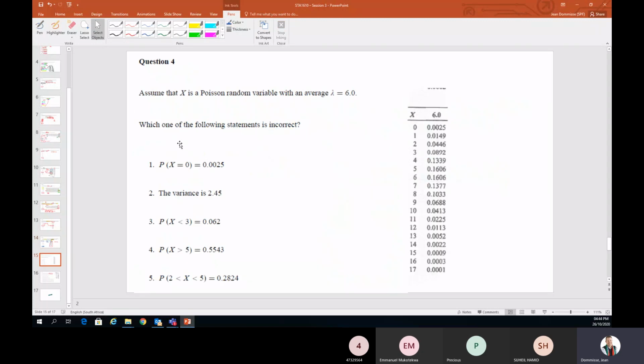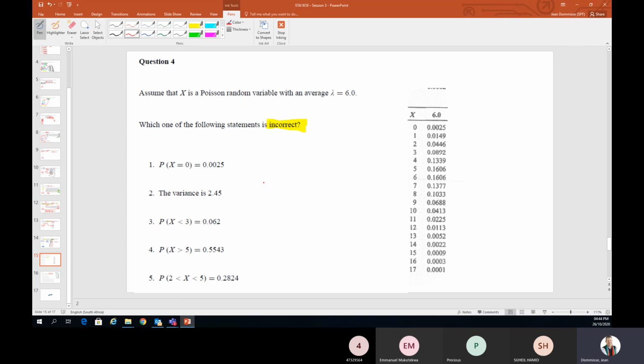This is more the one that I like because there's no misunderstanding in words or anything like that. They give you what you need to look at. They ask us which one is incorrect.